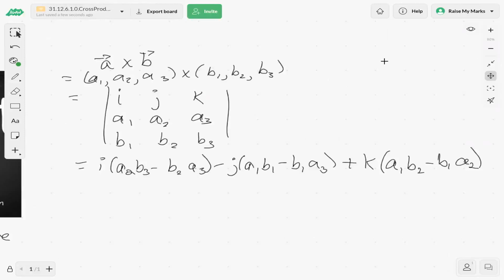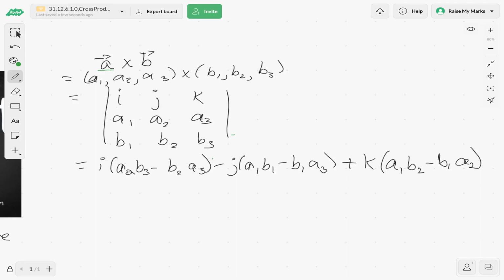We have general vectors, so our vector A is A1, A2, A3, and vector B has coordinates B1, B2, and B3. Then we put them into this box. Later on, you'll learn that this box is actually a matrix, and these vertical lines tell us to find the determinant of the matrix. But for now, we'll just think of it as a box of numbers.